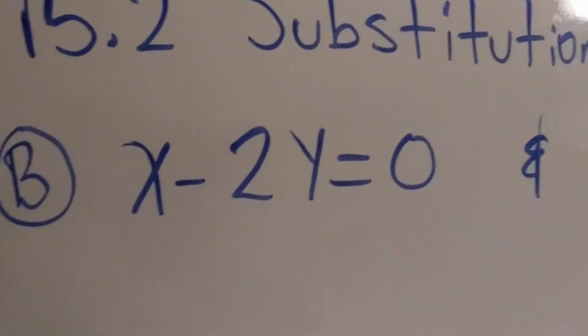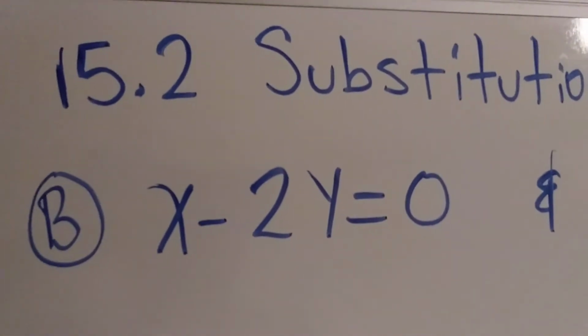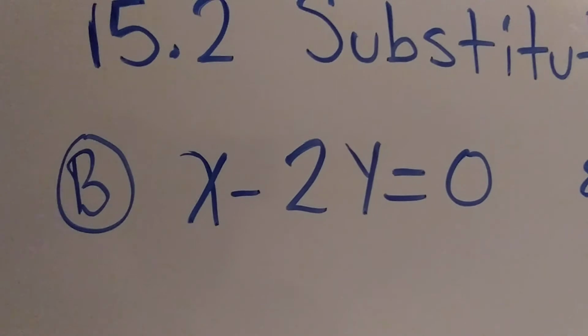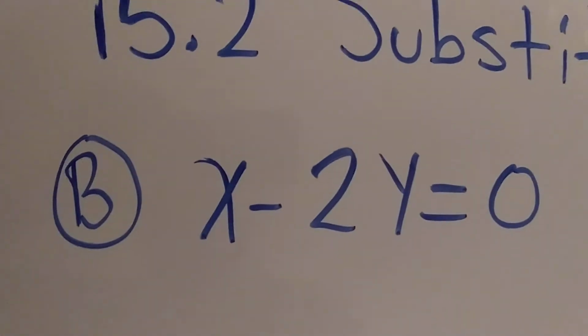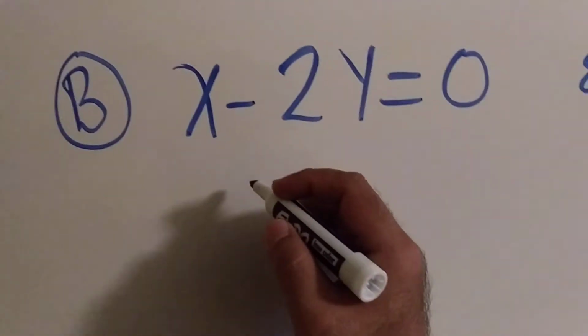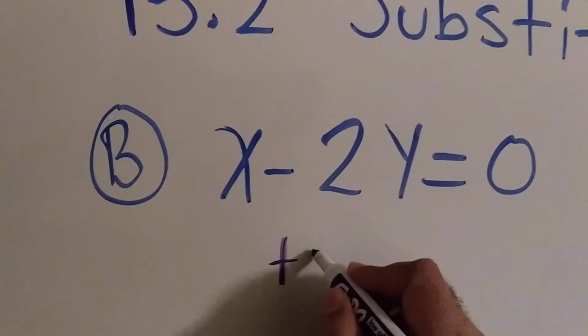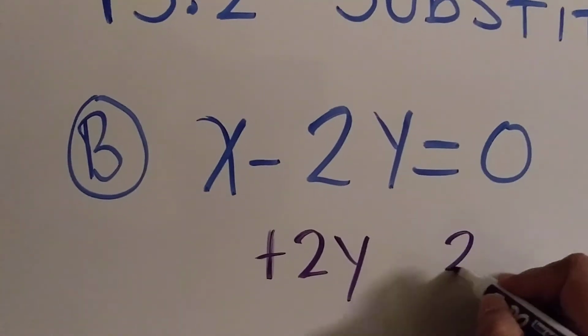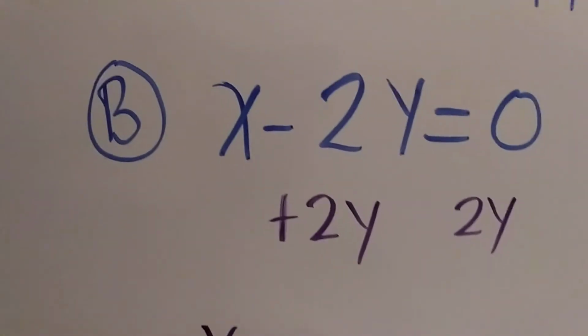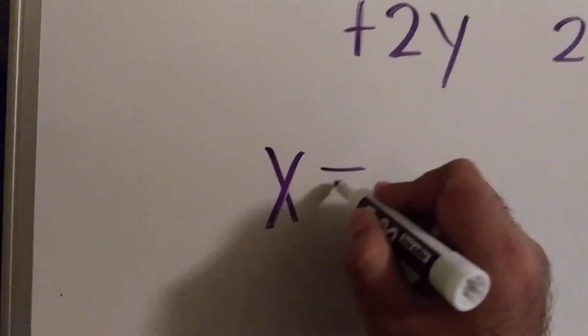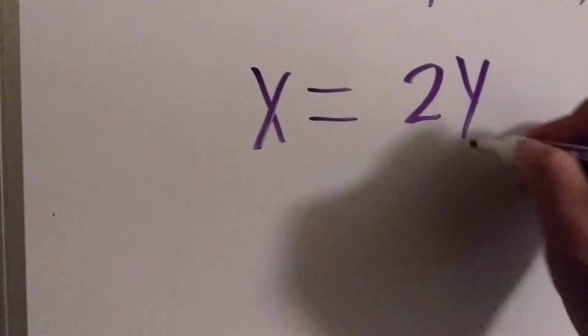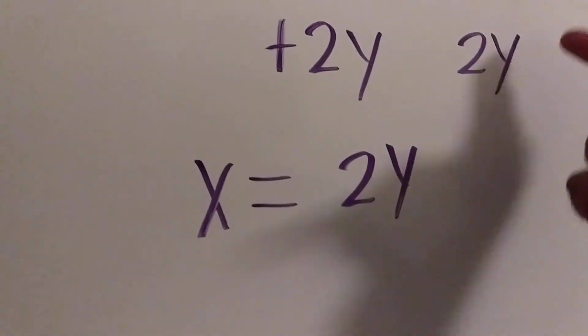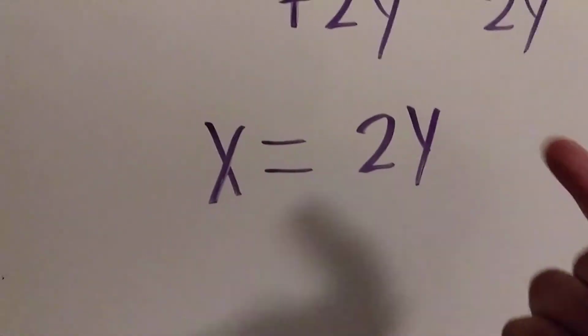This is actually problem number 17 in section 15.2 of your chapter of the book. So to isolate x, we can just add 2y to both sides, and we have x equals 2y. I didn't bring down the 0 because 2y plus 0 is just 2y, okay?